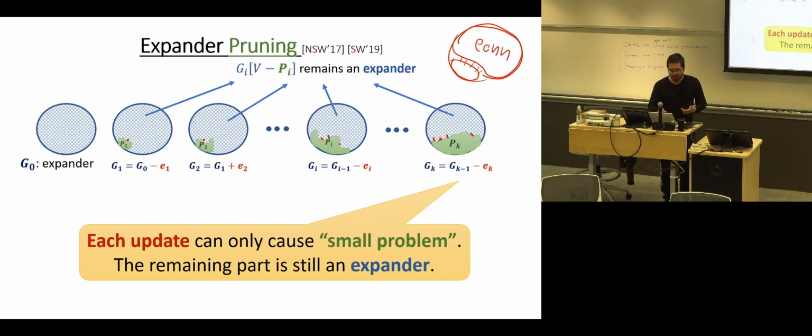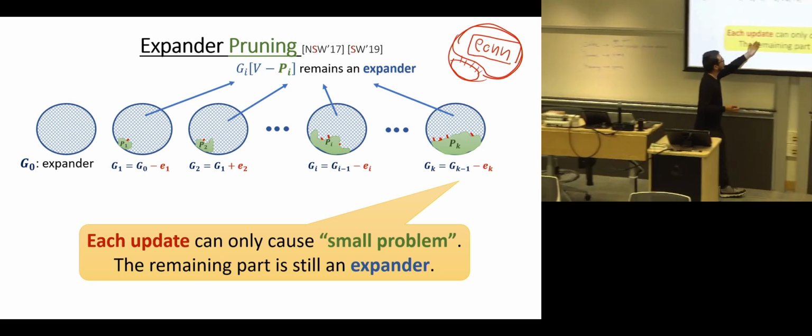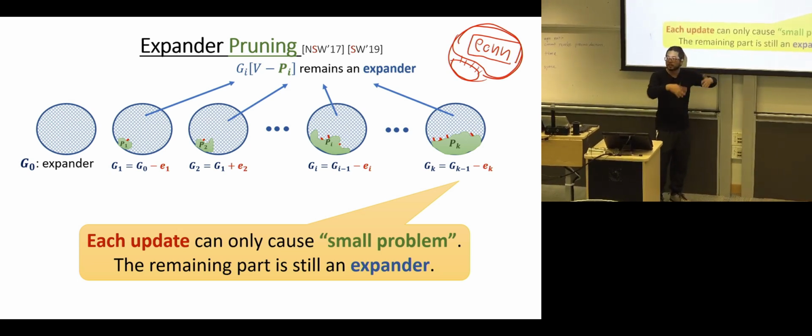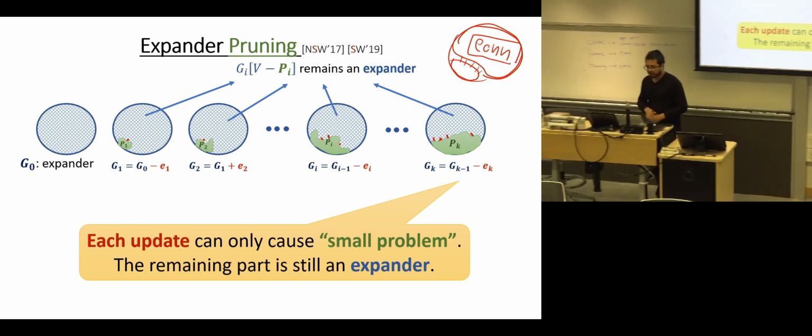But what this shows is something stronger: the rest is not just connected, it's an expander. It's robustly connected on the complement. Each update only causes a small problem. The prune set that you need to prune out is small, and the remaining part is still an expander, the thing that is good for you.